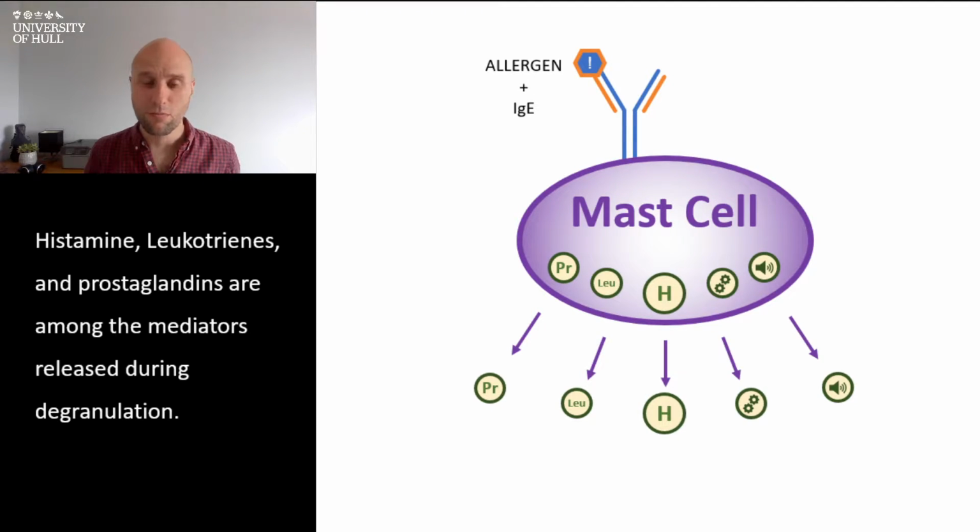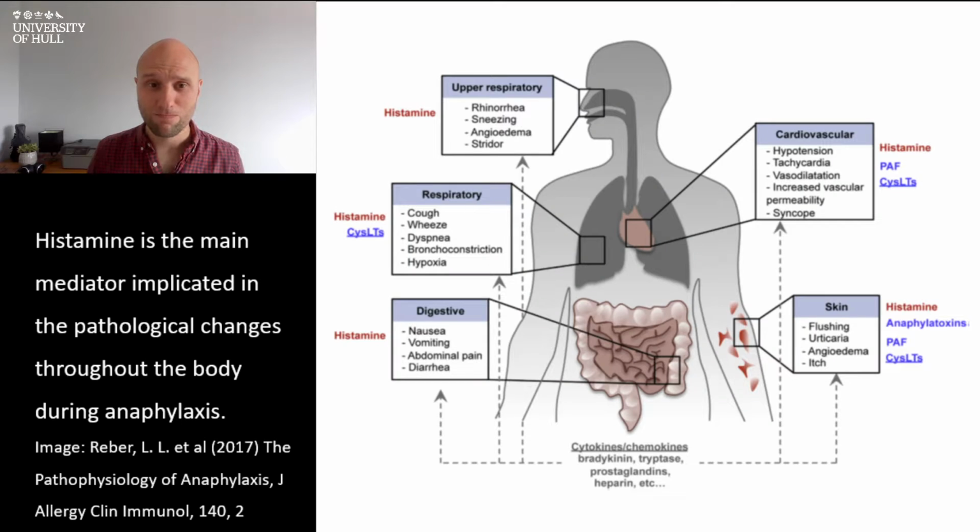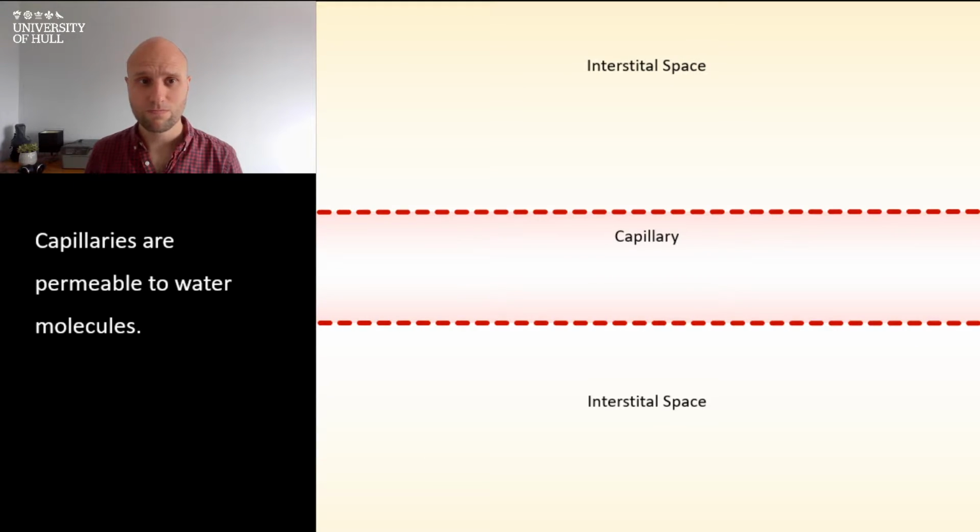And the principal one that we're interested in this tutorial is histamine. And again, to recap, there are histamine receptors throughout, mainly smooth muscle throughout the body, and so this will mean that there are many symptoms affecting many different organ systems that you can experience during an allergic and anaphylactic reaction.